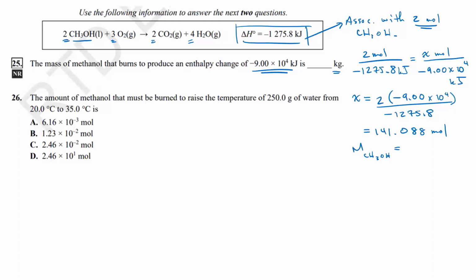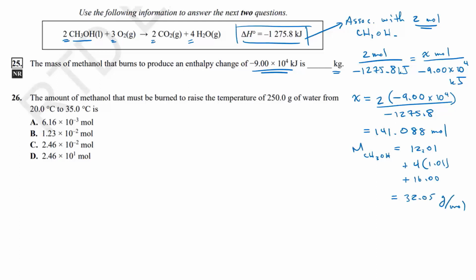So the molar mass of methanol is going to be 12.01, the atomic mass of carbon, there's only one of them, plus 4 hydrogens, so 4 times 1.01, plus a single oxygen, which is 16.00, and this is equal to 32.05 grams per mole.